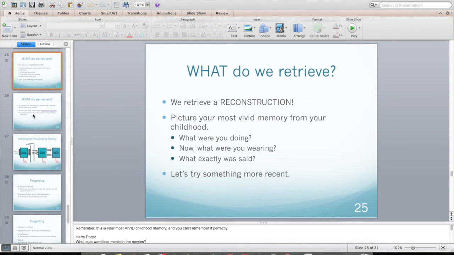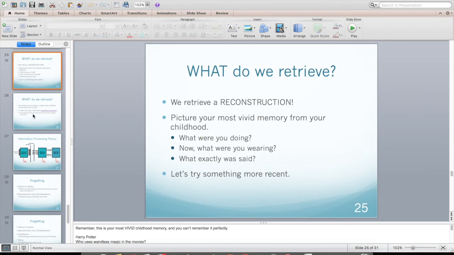Oh, here we go. What do we retrieve? We retrieve a reconstruction, and what that means is our memories are flawed, right? I can't remember anything perfectly because I'm a limited person. And so even if you were to close your eyes right now and describe the room you're in, there are things that you're not going to remember. There are things you will definitely get wrong. Something's going to be out of place.